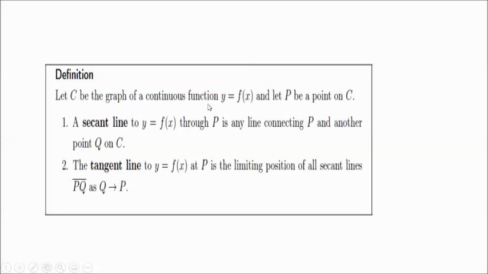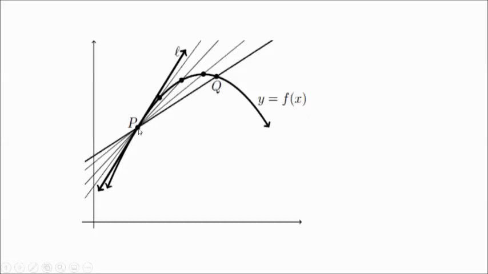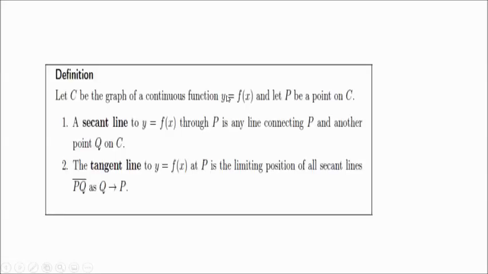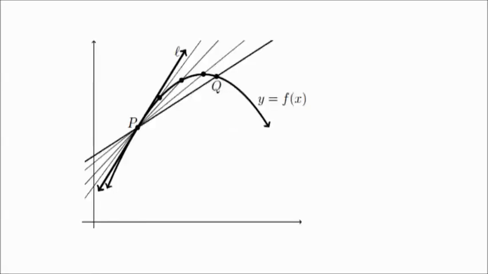Pag-aralan natin yung continuous, di ba? y is equal to f of x, and let P be a point on C. A secant line to y is equal to f of x through P is any line connecting P and another point Q on C. So, ibig sabihin, from P, secant is any line connecting from point P to Q, another point dun sa curve.